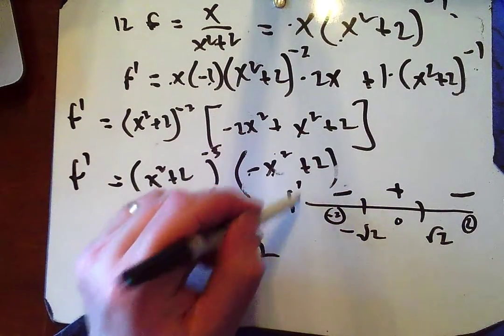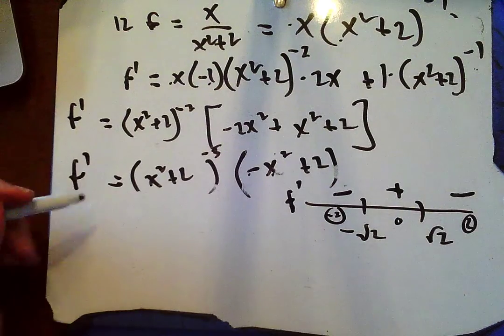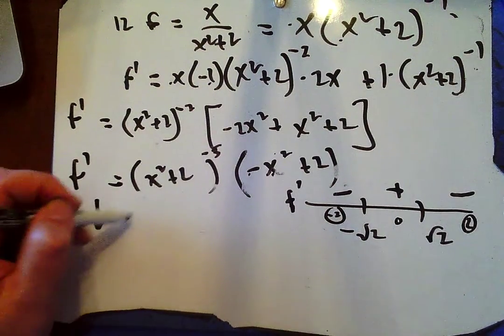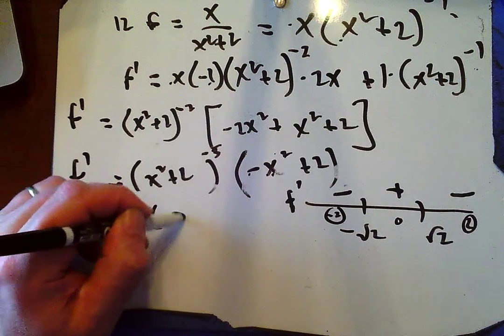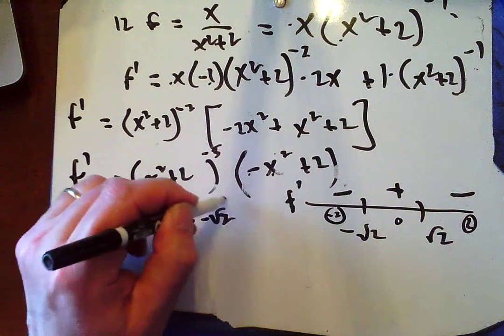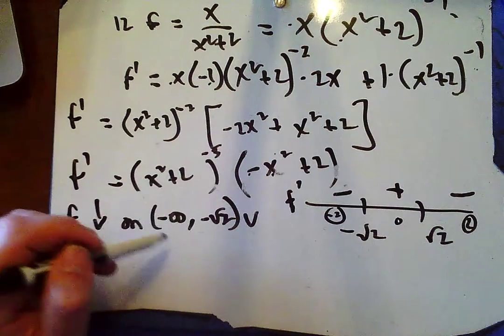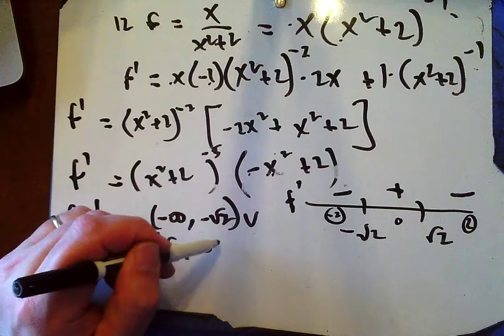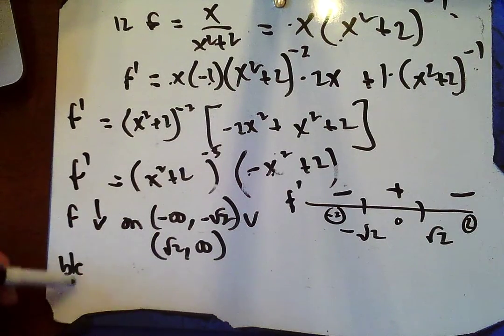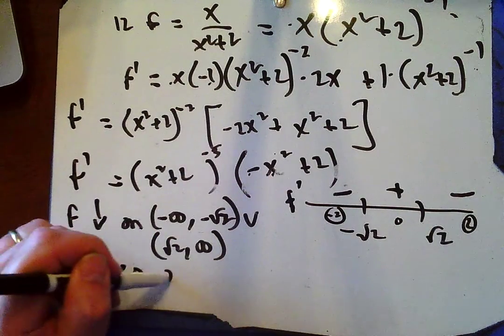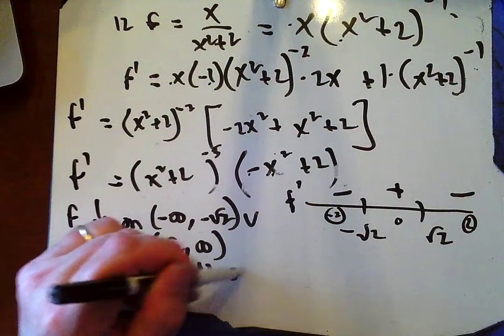So here's my f prime sign chart, and I can say that f is decreasing on negative infinity to negative root 2 union root 2 to infinity, because f prime is less than 0 on those intervals.